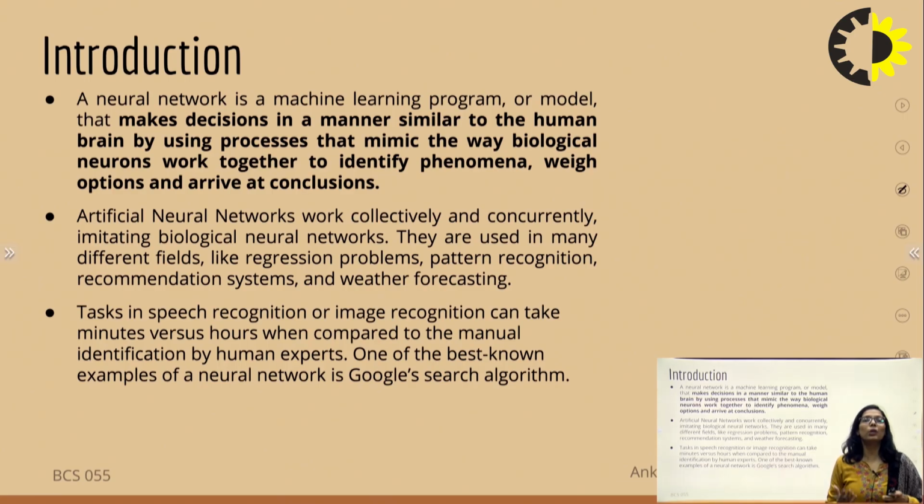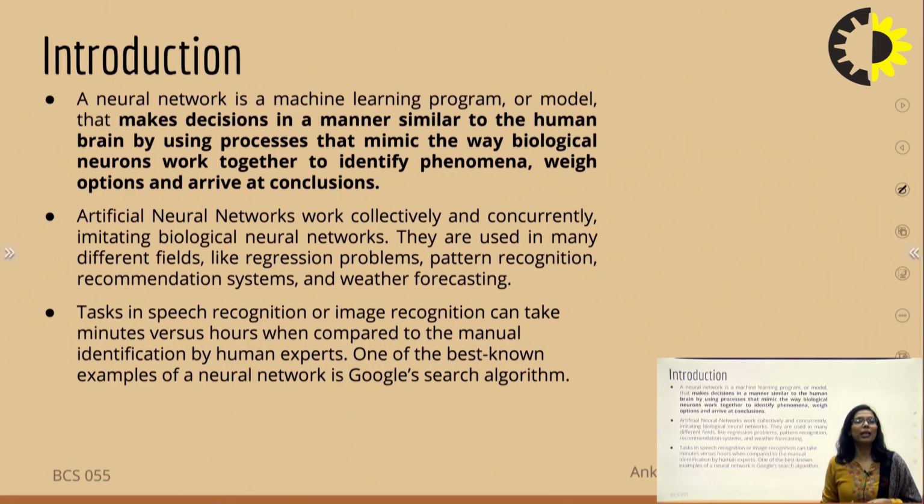So as we have a neural network running in a system which we use to take any decision, in the same manner an artificial neural network also has a network of neurons. It is mainly used in various fields like regression problems, pattern recognition, recommendation and weather forecasting.